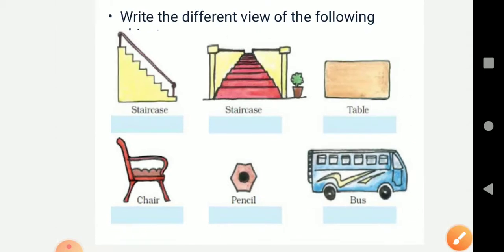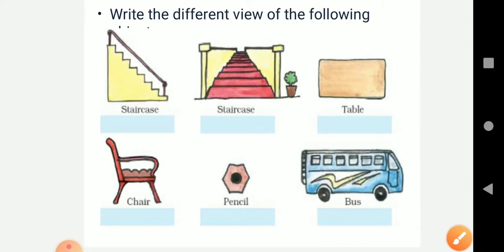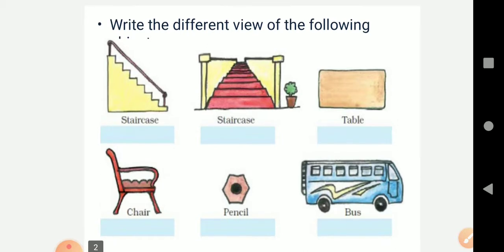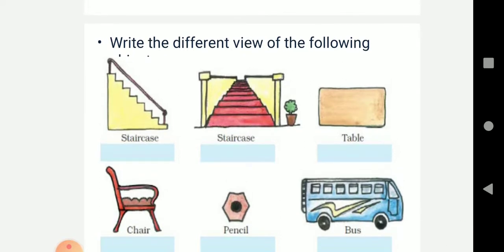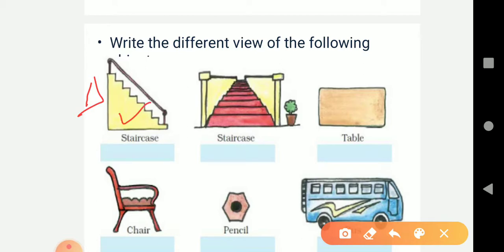Tell me, which view is this in the first picture? Tell me. Yes, very good.